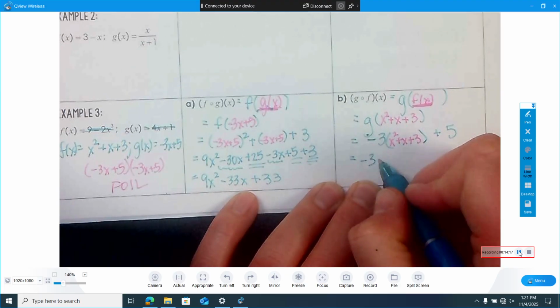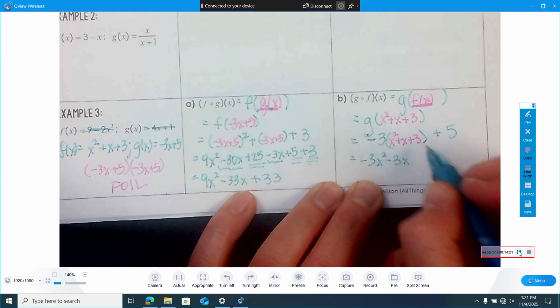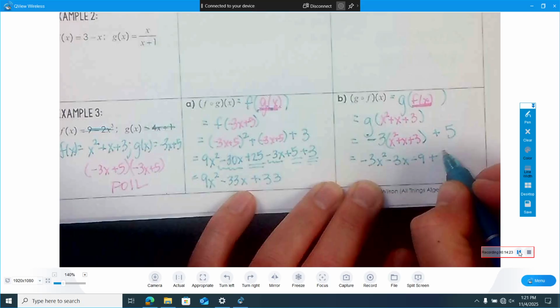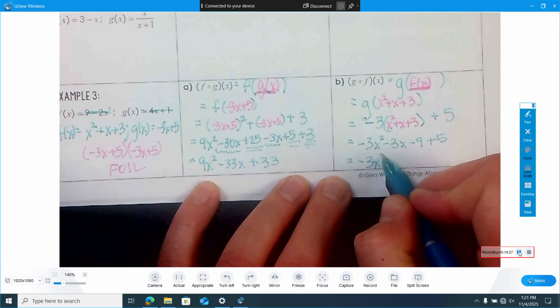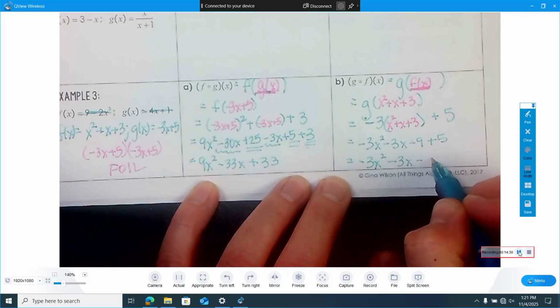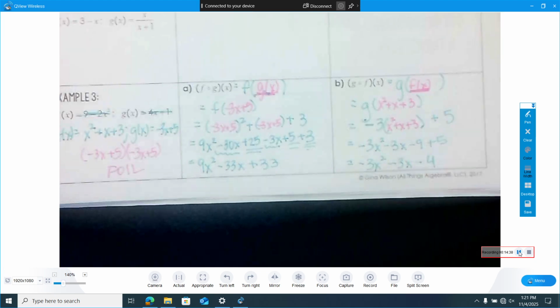So negative 3x squared, negative 3 times x is negative 3x. And negative 3 times 3 is negative 9. And then the plus 5 dangling on the end there. So negative 3x squared minus 3x minus 4. Good? You think you can handle it? Yeah? Awesome.